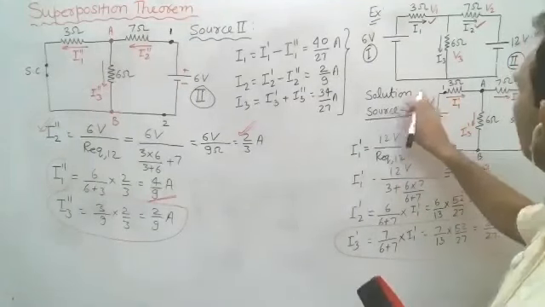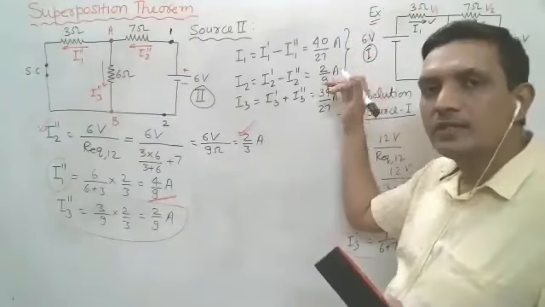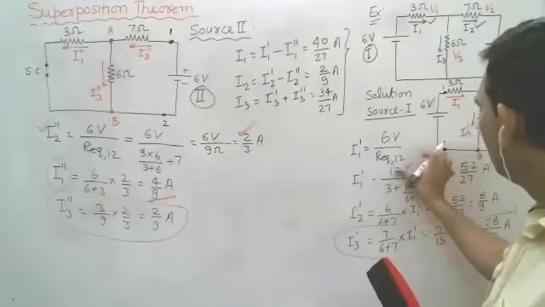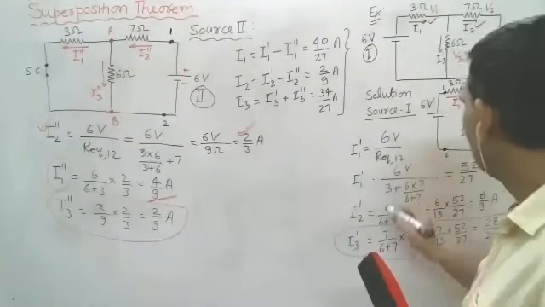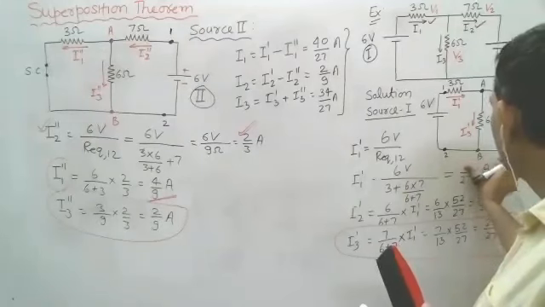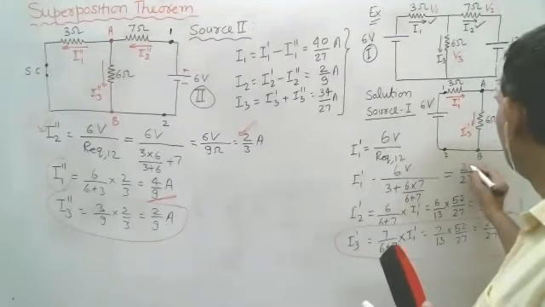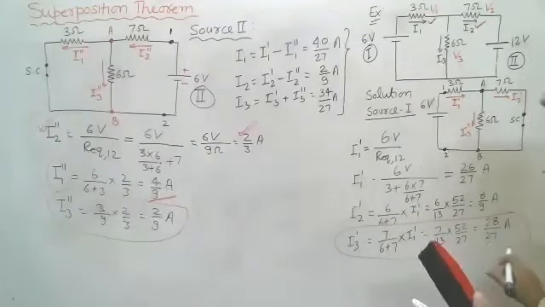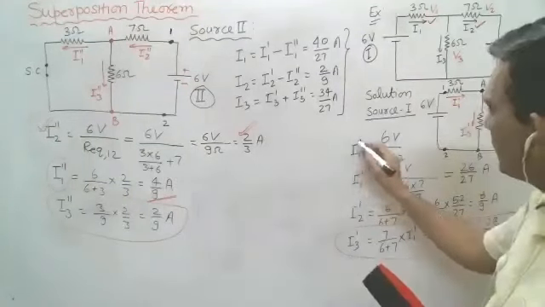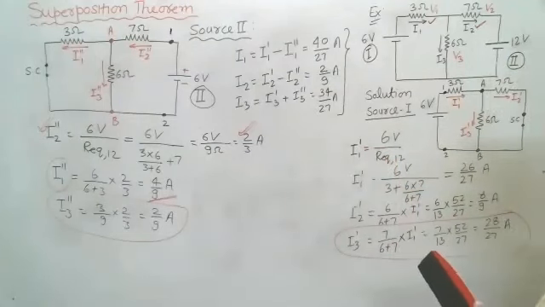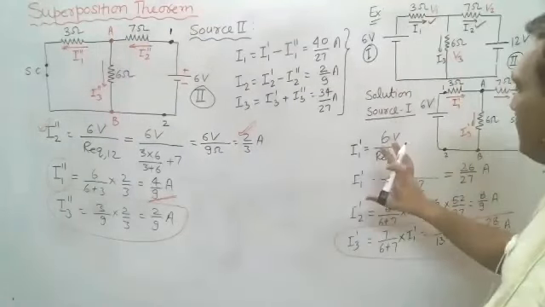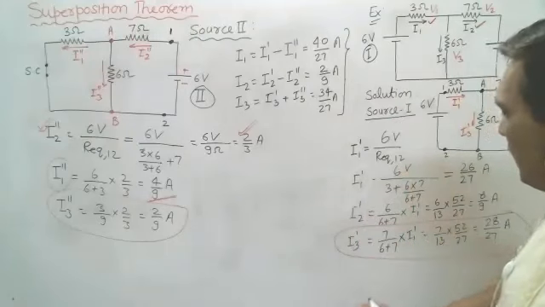So for source 1, now source 1 is 6 volt, so you have to put here 6 volt. So I think this will be 26 by 27 ampere. Is it clear? I have just interchanged the voltage source, so you can easily find I1 dash, I2 dash and I3 dash.